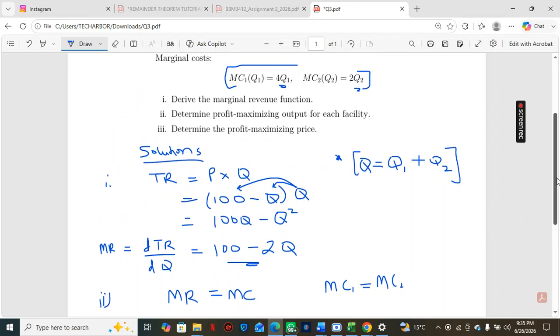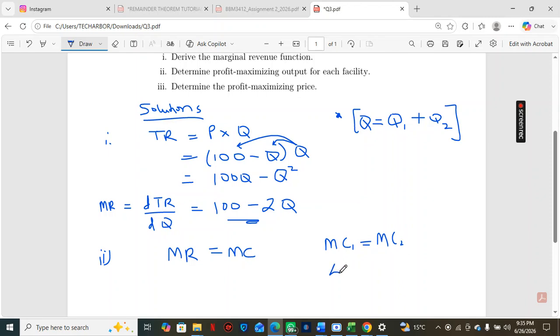All right. So MC1 is 4Q1 and MC2 is 2Q2.